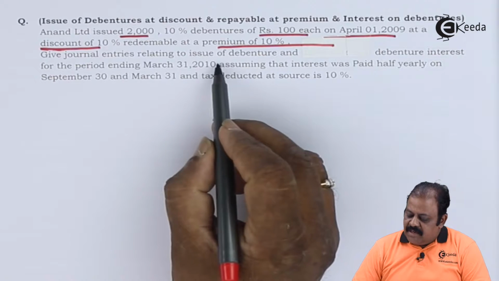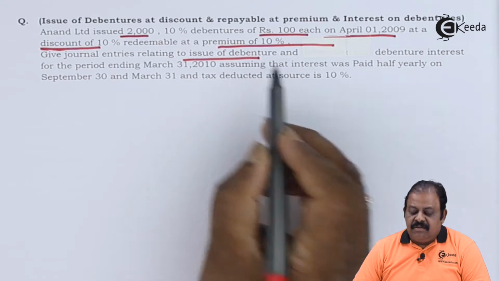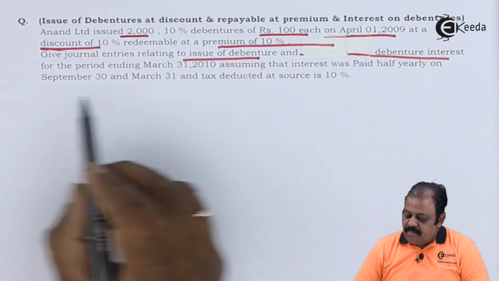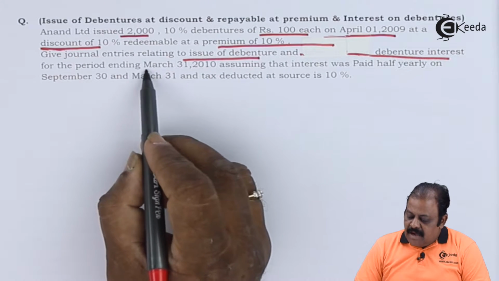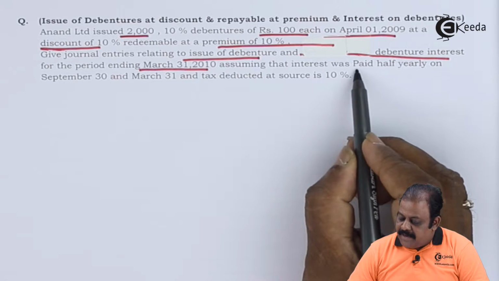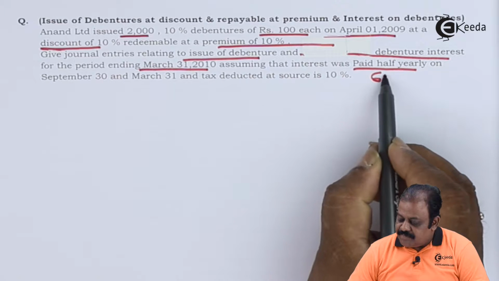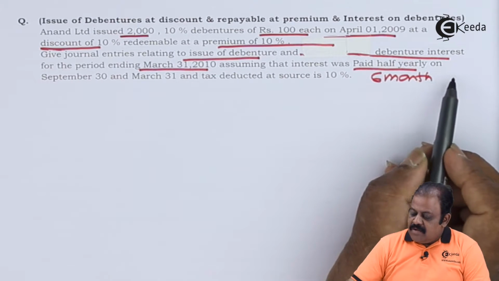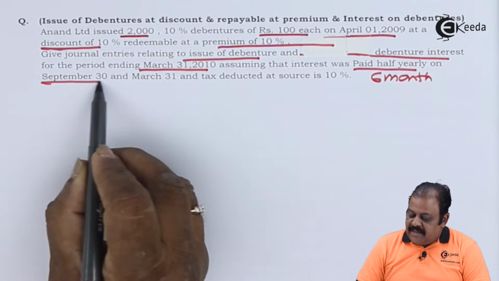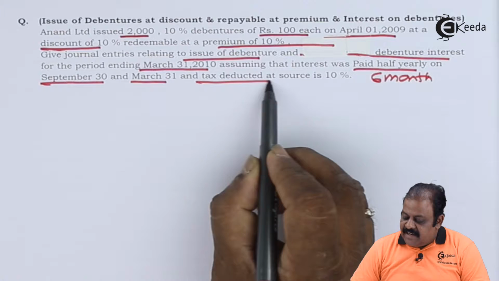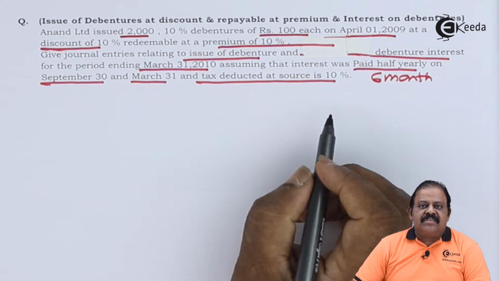Give journal entries relating to issue of debenture and the debenture interest for a period ending March 31st, 2010, assuming that the interest was paid half yearly, that is 6 monthly basis, on September 30th and March 31st, and tax deducted at source is 10%.